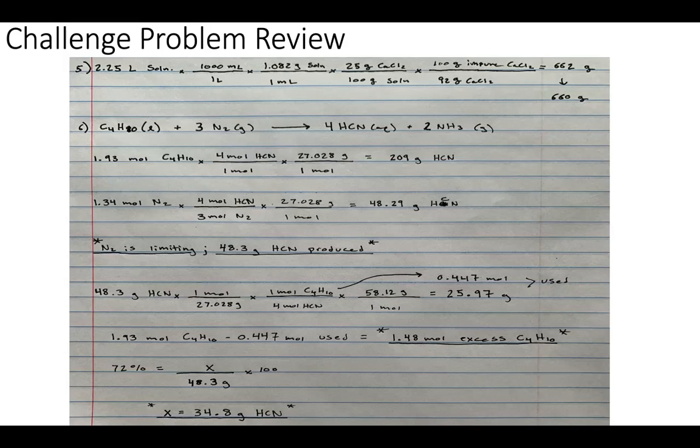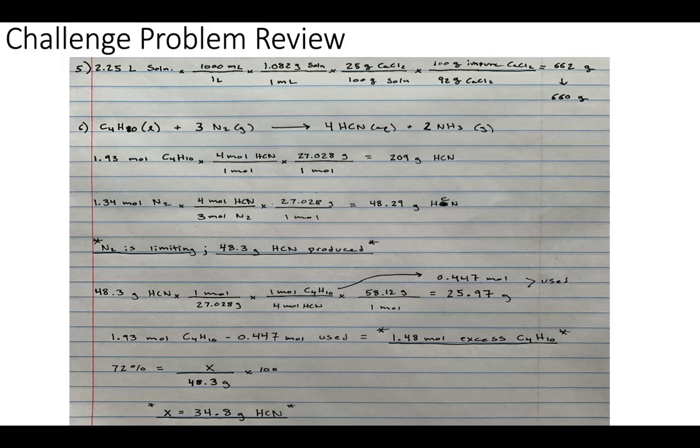So from, and this was given, 1.93 moles of butane, 1 mole of butane can form 4 moles of cyanic acid. That's from our balanced chemical equation, looking at our coefficients. And 1 mole of that is about 27 grams. We find that based on our butane, we can make about 309 grams of cyanic acid.